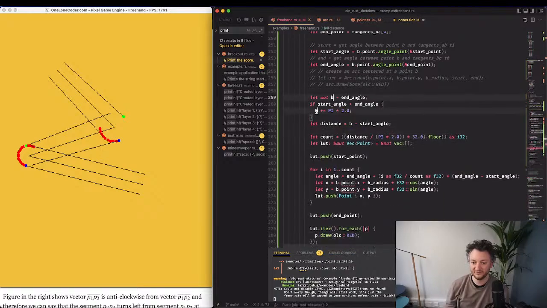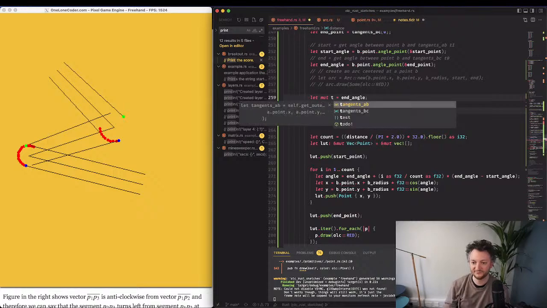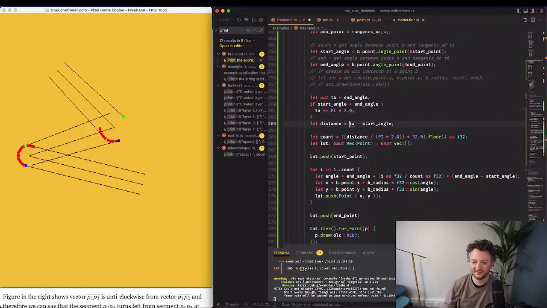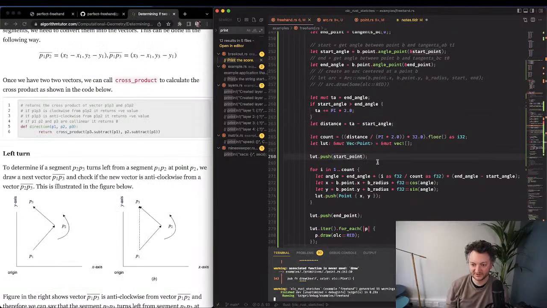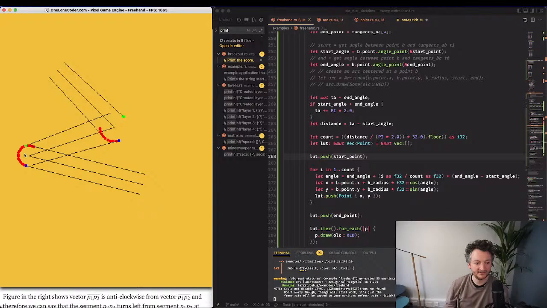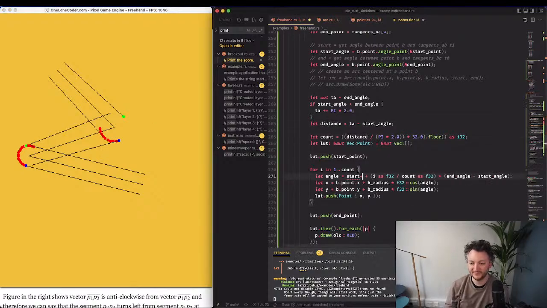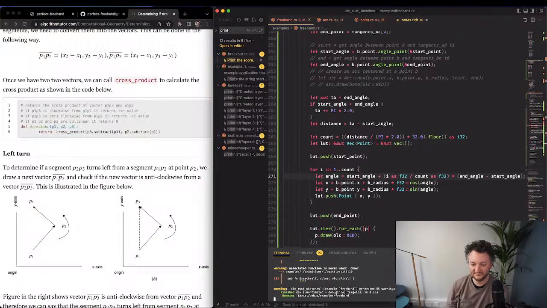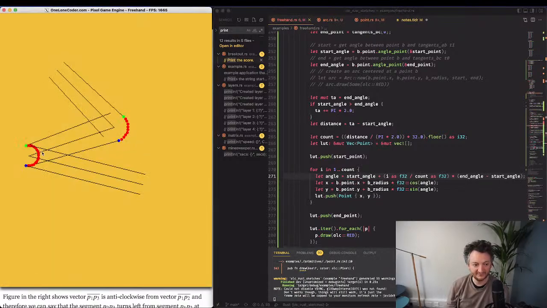But it's not B. We're just going to say whatever, TA, temporary angle or something. Normally that's wrapped up in a function. But it still seems like it's giving me the wrong sweep, like we have the sweep exactly wrong. Right, so this is correct. It's just that this is the wrong sweep.